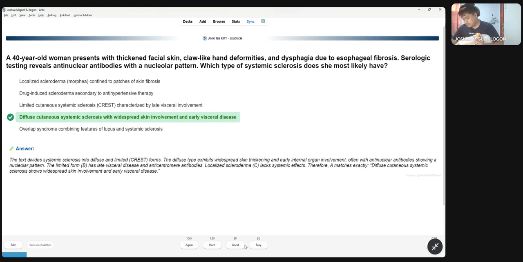What part of the book is this? It's part of the systemic. Okay, I'm going to go for ANA, nucleolar pattern. So it's systemic. Alright, here it is.